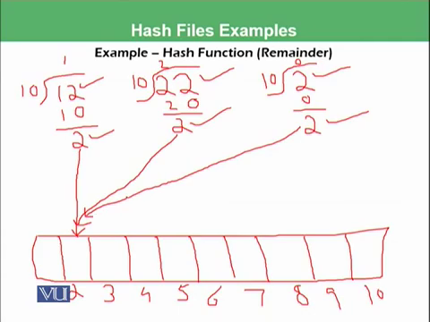So whatever number comes, we will take the remainder with 10, and that remainder will tell us in which bucket the number should be stored.